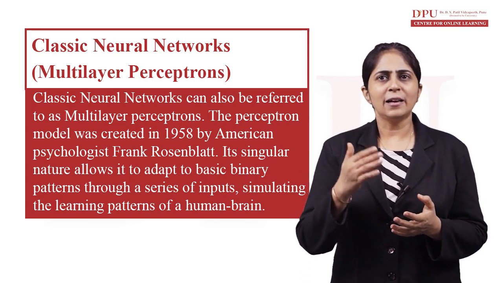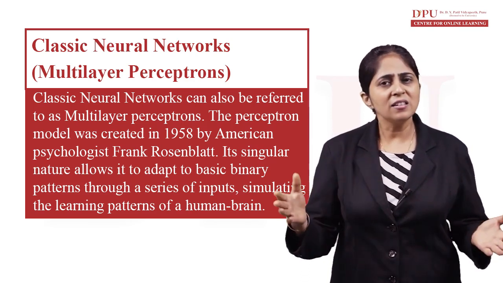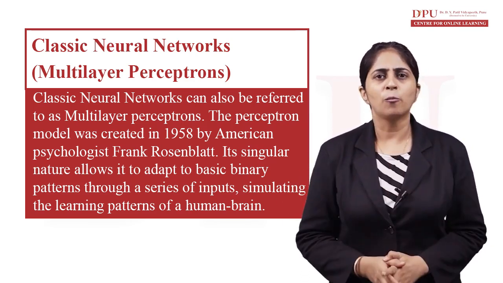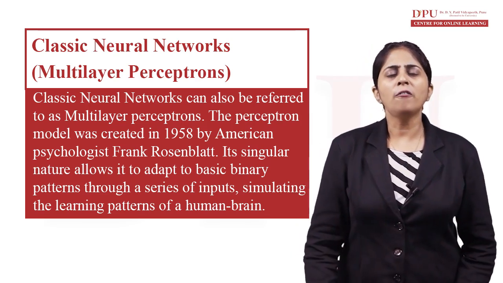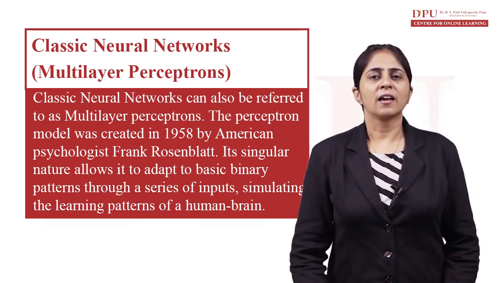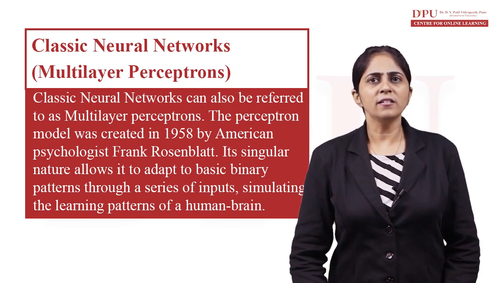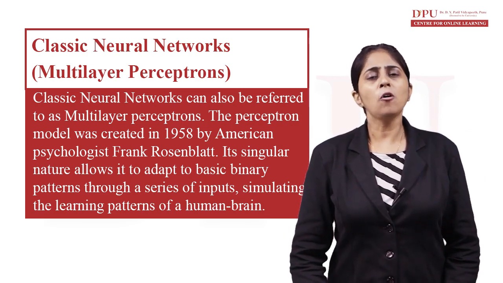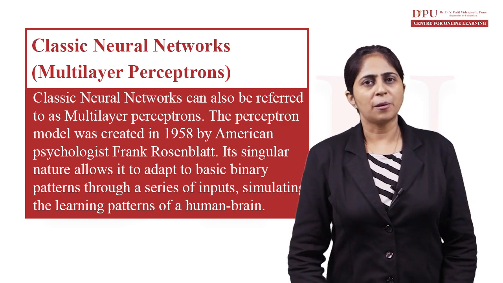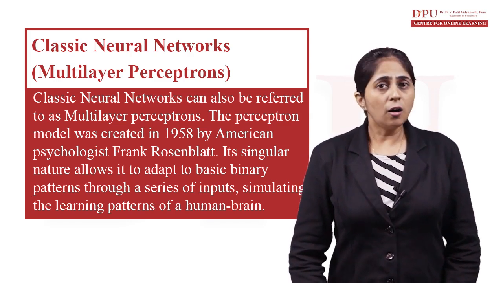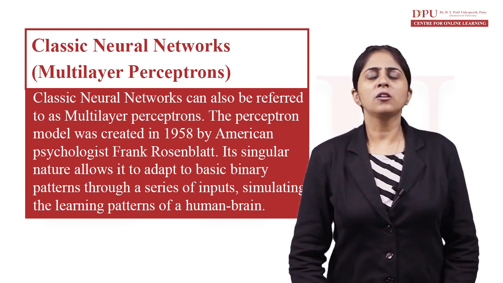A multi-layer perceptron is a classic neural network model consisting of more than 2 layers. If we have more than 2 layers, then we call it a multi-layer perceptron. Now, when to use this classic neural network?